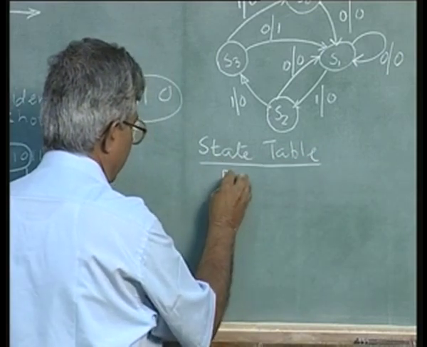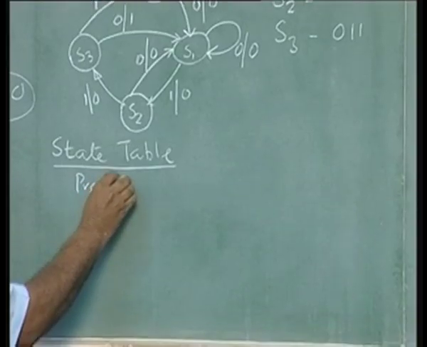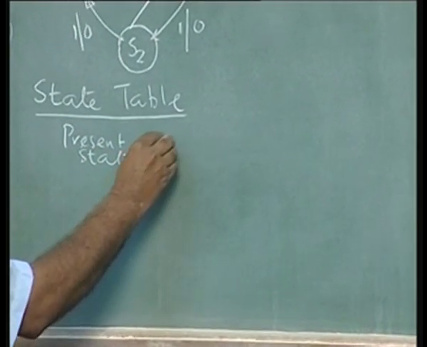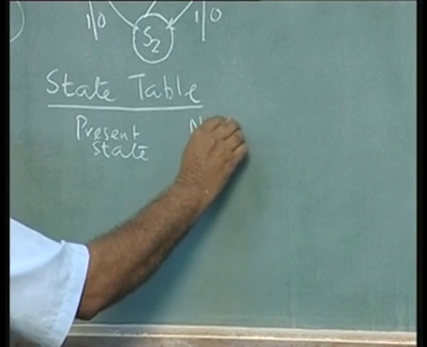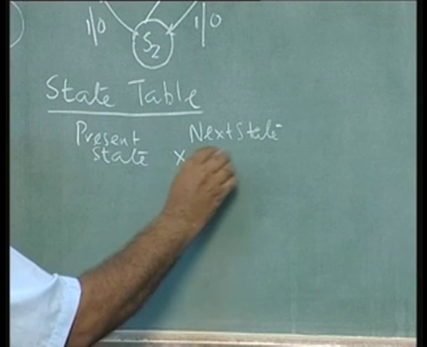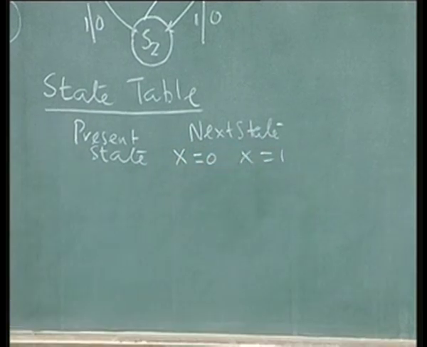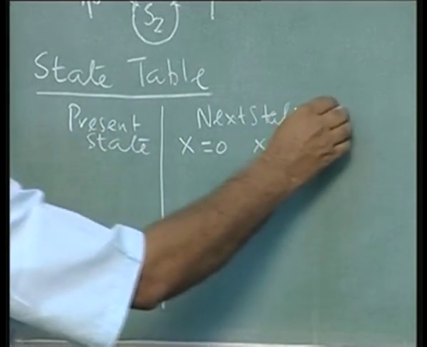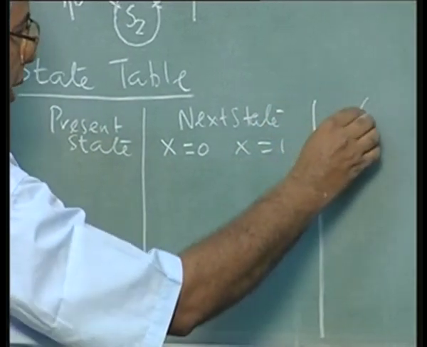What is the present state in which the circuit is? What will be the next state if the input is 0 and if the input is 1? And what will be the output in each case?